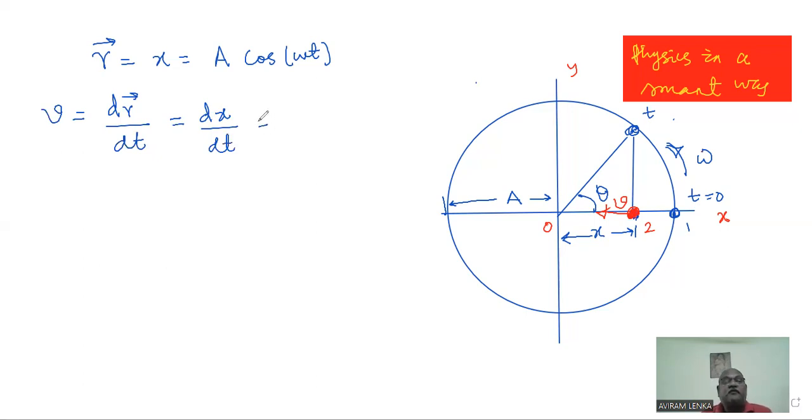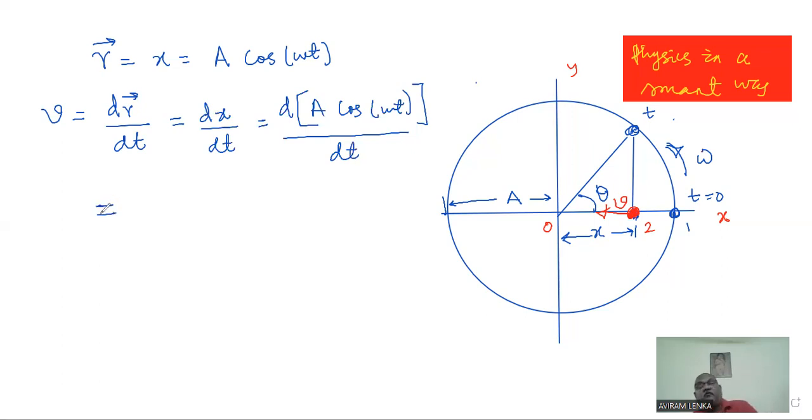And if you make it, then we know that the x coordinate or position vector was A cos omega t, so the derivative of that, d of A cos omega t by dt. And as I had given you the formulas, the derivative of cos will be giving us minus.